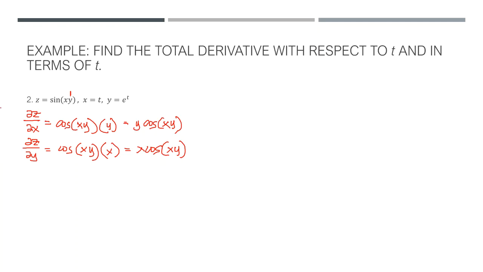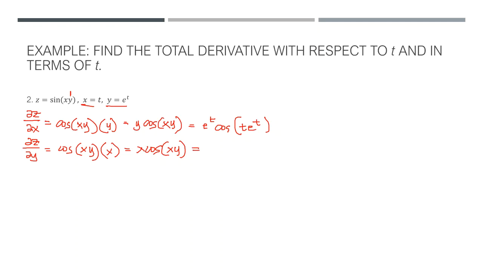So now, after we got the value of our partial derivatives in terms of x and y, we need to substitute now the values of our x and y. So we have y is equivalent to e raised to t, cos t e raised to t.